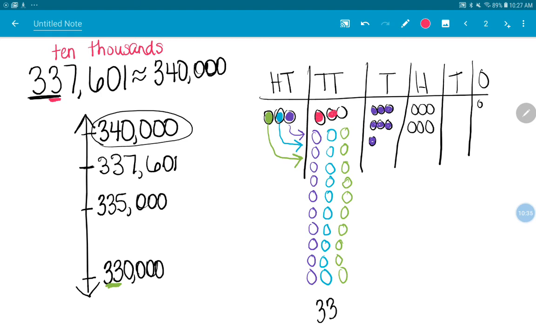But can I make 100,000s, this larger place value, into 10,000s? That's what we did here with these colors. So that means I really have 33 10,000s, because anything larger than the 10,000s can be regrouped and made into 10,000s.